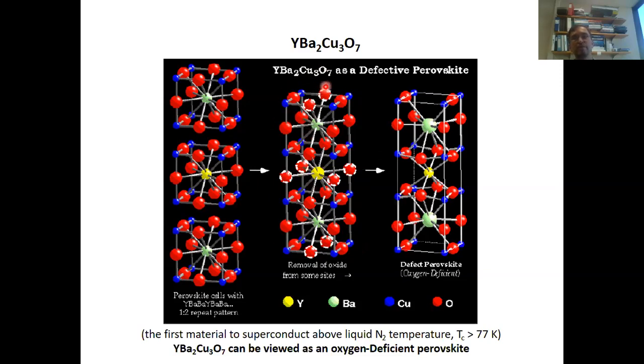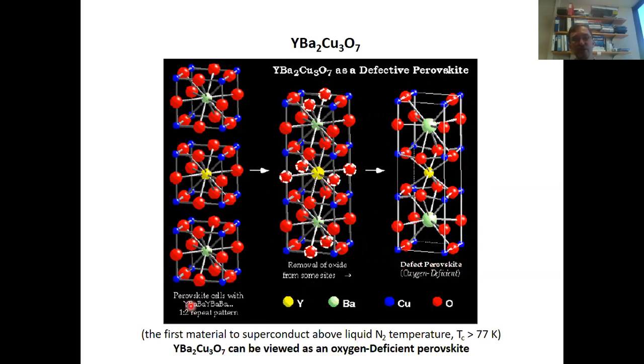You see them here, indicated with white dotted lines. So these 2 are gone, these 2 are gone, these 2 are gone, and these 2 are gone. And the resulting crystal structure is then this one here.